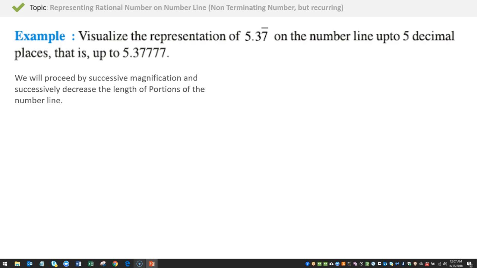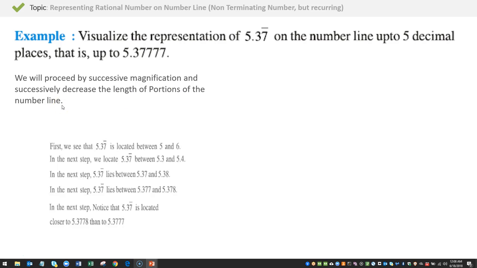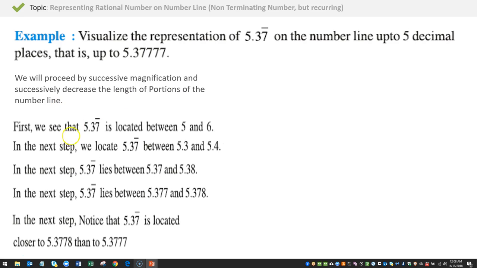We will proceed by successive magnification, successively decreasing the length of the portion of the number line. First, we see that 5.37777 up to 5 digits is located between 5 and 6.